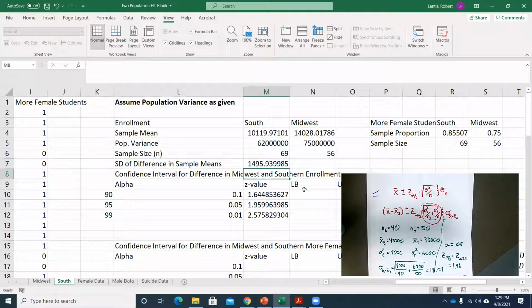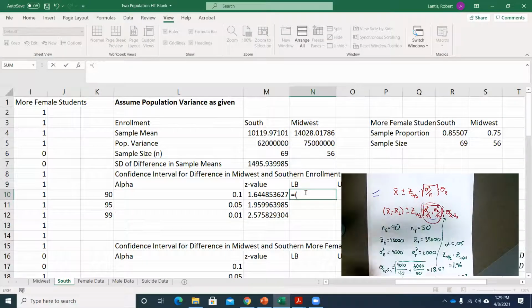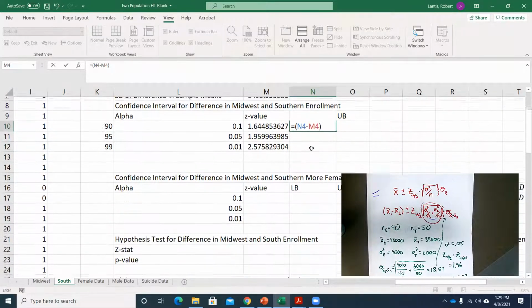Basically, my lower bound is built around the sample difference I found. I think here I said the Midwest minus the South. So Midwest minus the South is how we're going to set this up. The Midwest will be my group one here. Let me make sure that's how I did it.